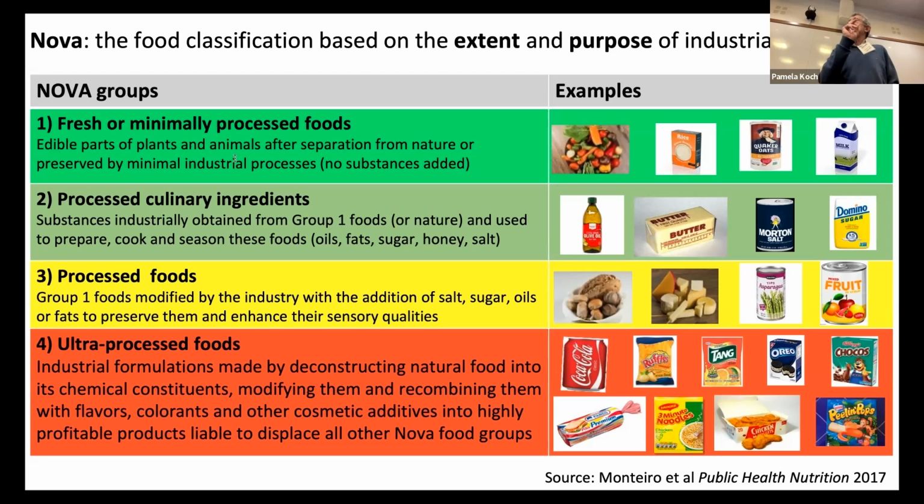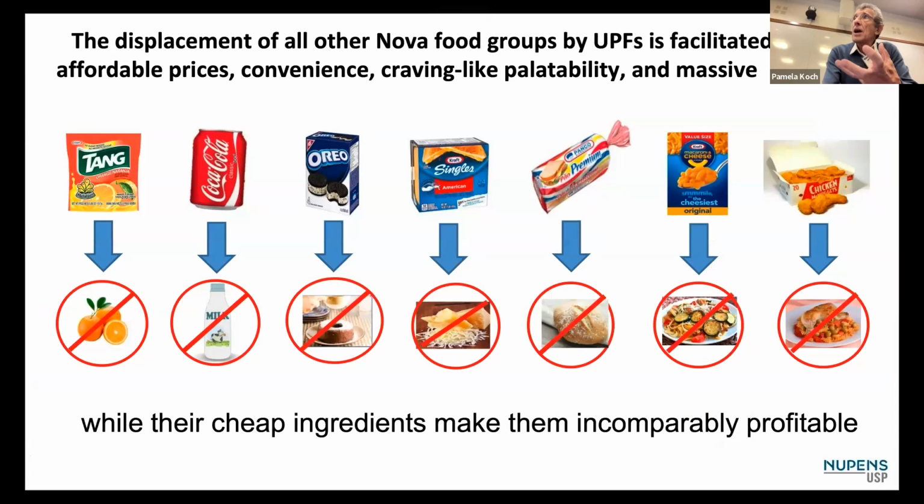With processed foods, you cannot have a complete diet only with processed food. You cannot eat bread and cheese at breakfast and lunch and dinner, right? But with ultra-processed foods, you can, because you have alternatives in the market.